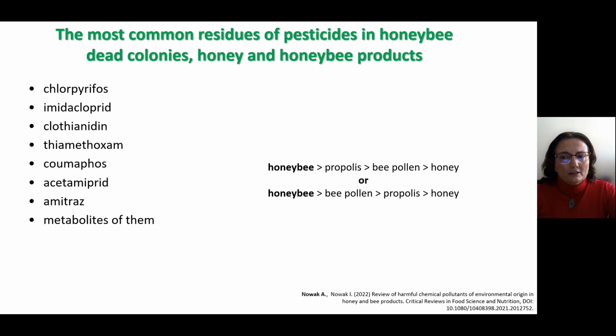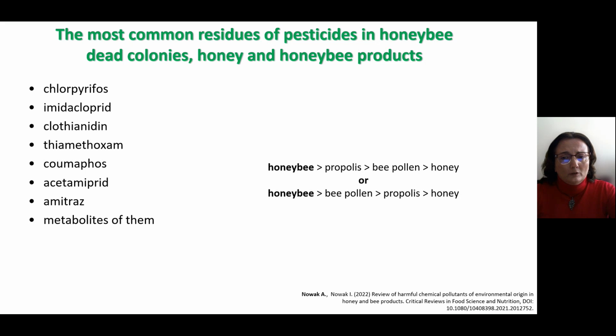The most common residues of pesticides in honeybee dead colonies, honey and honeybee products are listed here. It should be mentioned that pesticide residues are generally detected in every tested honey sample, even those from areas considered ecologically clean. The concentration of contaminants is presented as follows.